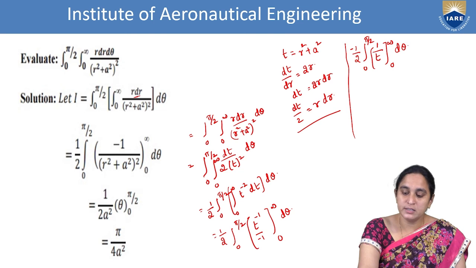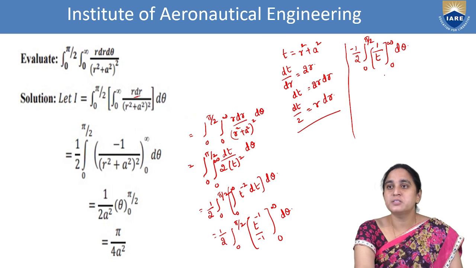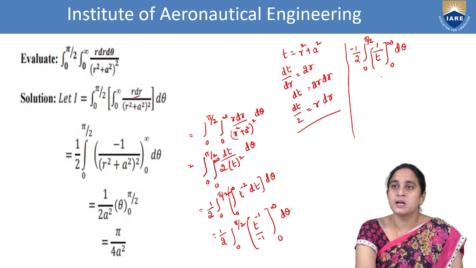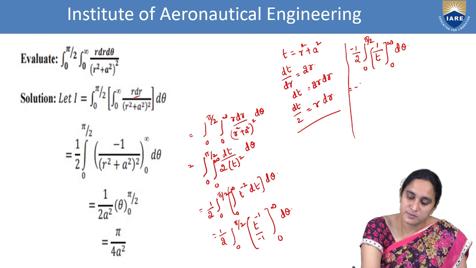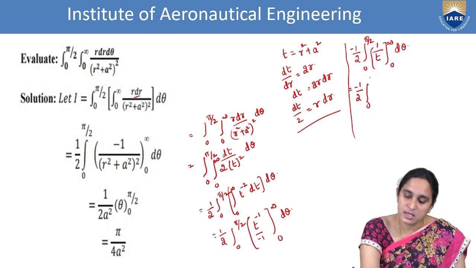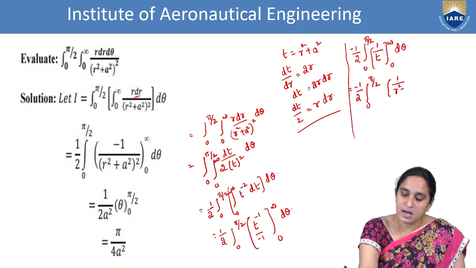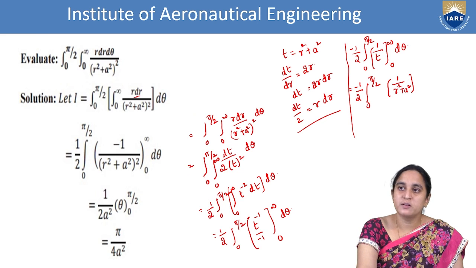Now, before substituting the limit points, I'll convert the function back. What is t here? r square plus a square. So 1 by t means 1 by r square plus a square, with limit points 0 to infinity, d theta.